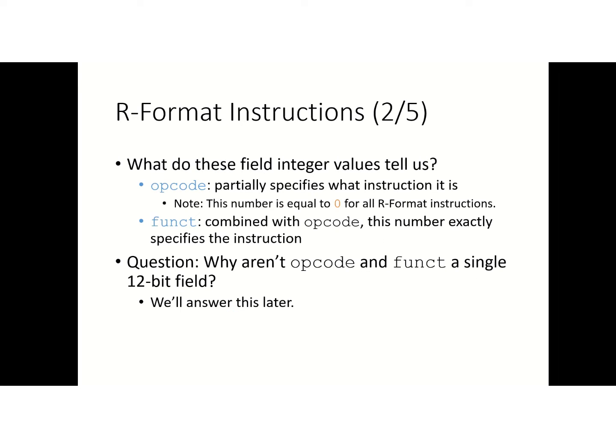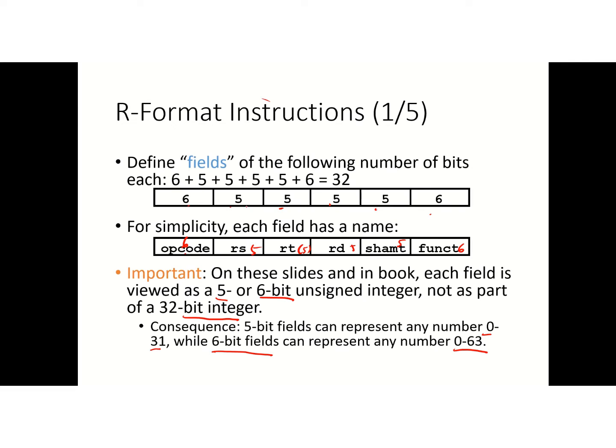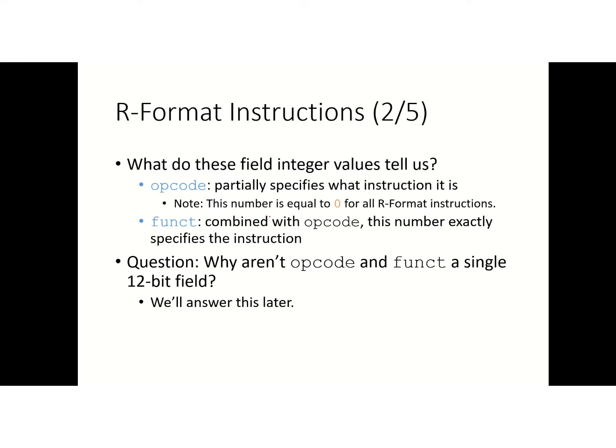So what do these field integer values tell us? For the opcode, 6 bits, and the function, 6 bits, the opcode partially specifies what instruction it is. Note that for R format, the number for the opcode is 0 for all R format instructions.